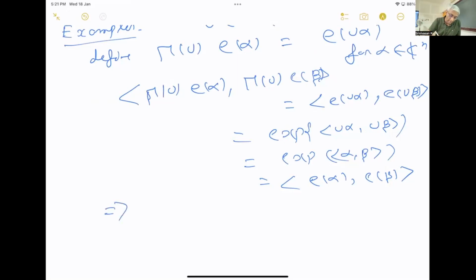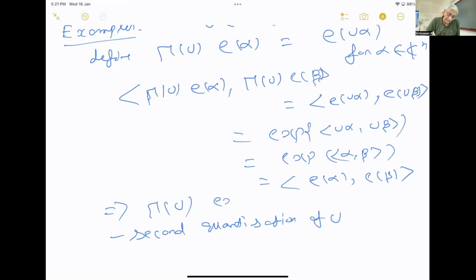So this implies gamma of u. This is what is called second quantization of u. U is defined in the ground Hilbert space, and you have a second quantization.